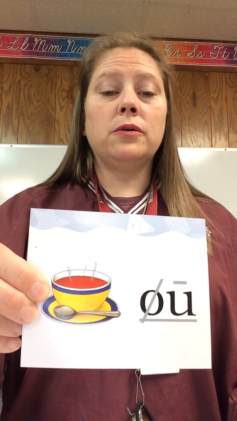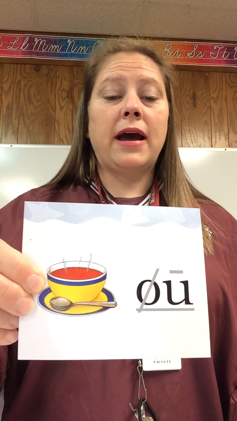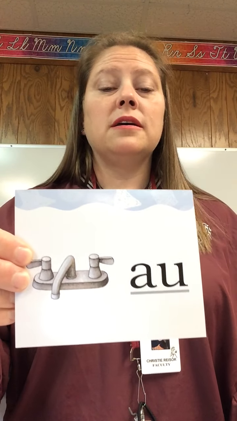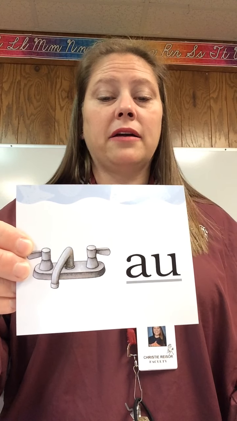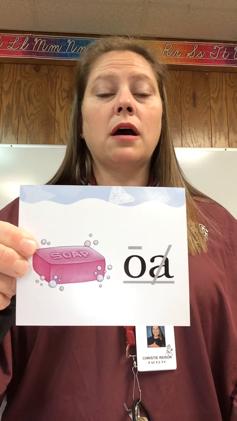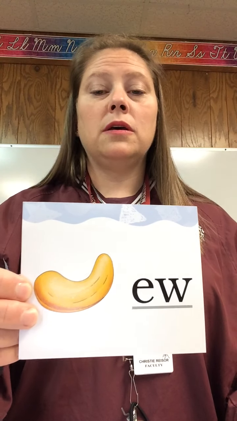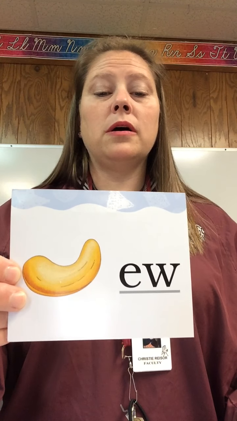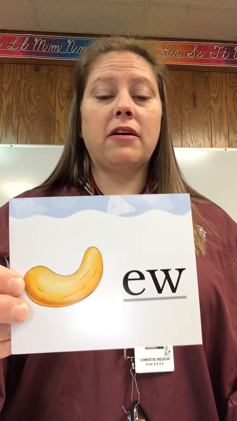Soup, OU digraph, usually a medial position spelling. Faucet, AU digraph, usually initial or medial position spelling. Soap, OA digraph, usually initial or medial position. Cashew, EW digraph, usually a final position spelling.